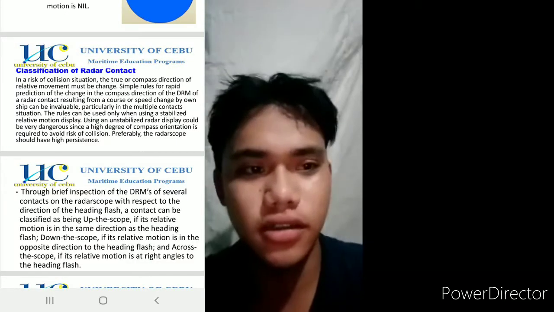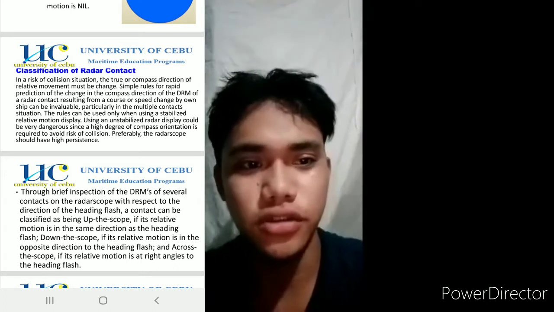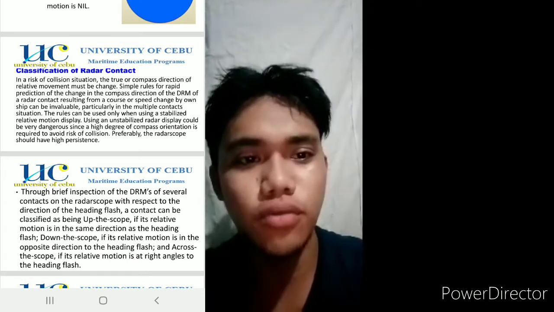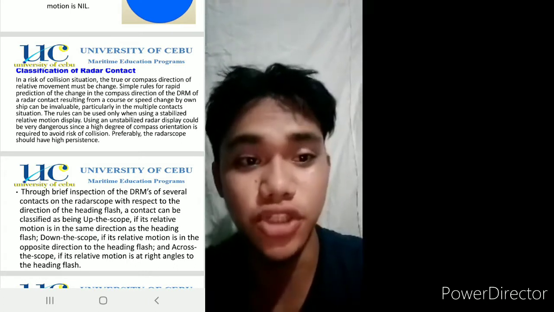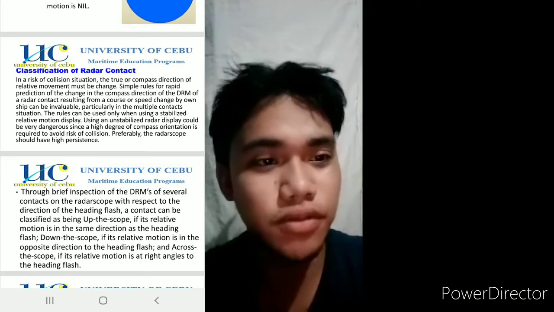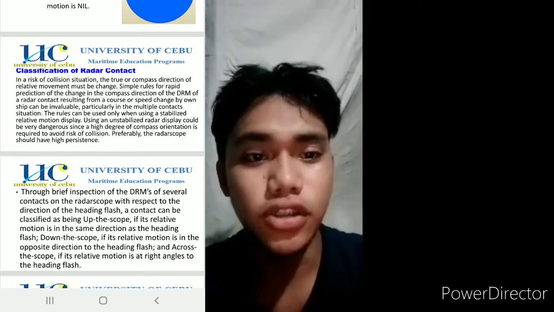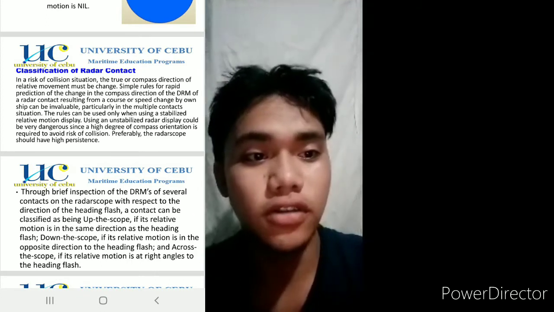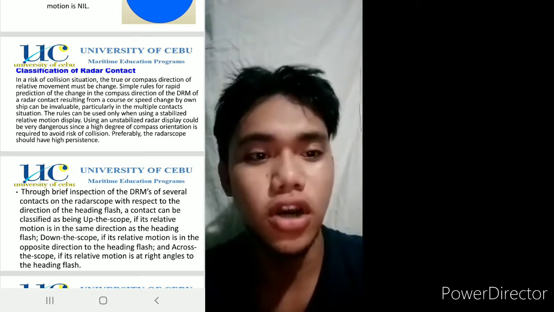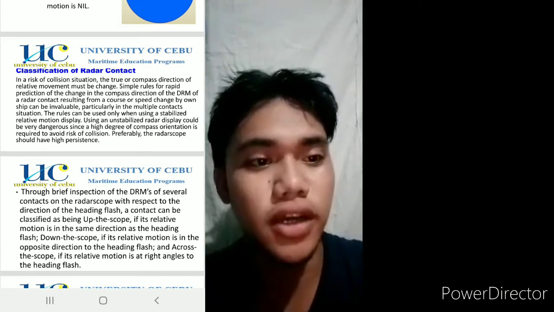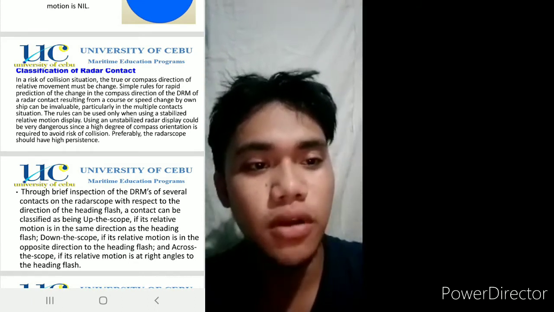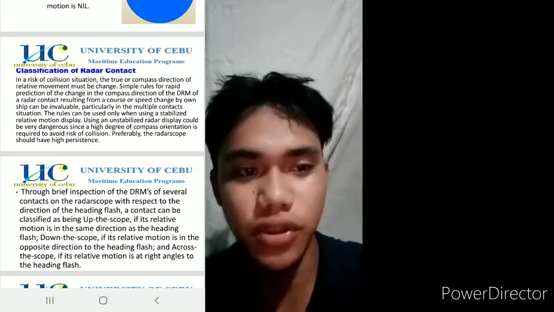Classification of radar contact. In a risk of collision situation, the true or compass direction of relative movement must be changed. Simple rules for rapid prediction of the change in the compass direction of the DRM or radar contact resulting from a course or speed change by ownership can be available, particularly in the multiple contact situation.